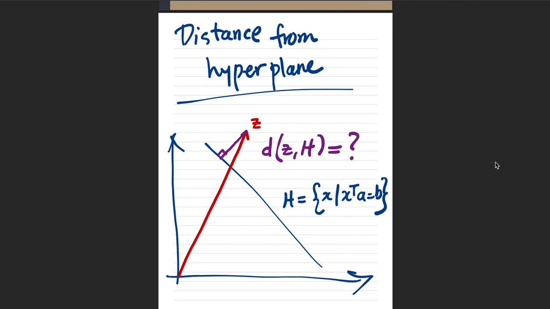And one key quantity is the distance from the hyperplane, because the hyperplane is meant to be a border between the two true categories, whether it's fraud versus non-fraud, spam versus non-spam, or classifying movie reviews into positive and negative.